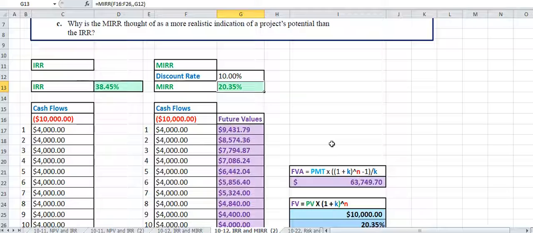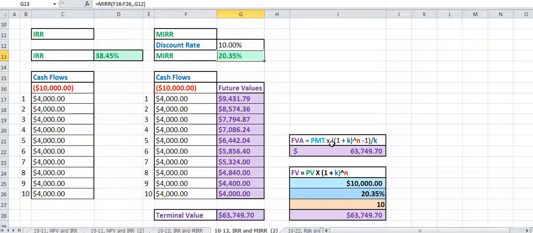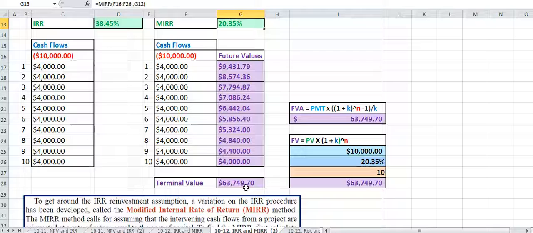What it's saying is if we take the initial amount, which is 10,000, and we call that our present value, and we use this rate of return, our modified internal rate of return, which I put in here for K, and then we compute the future value of that present value over 10 years, which is in here for N, then we should get the exact same number as the terminal value here.